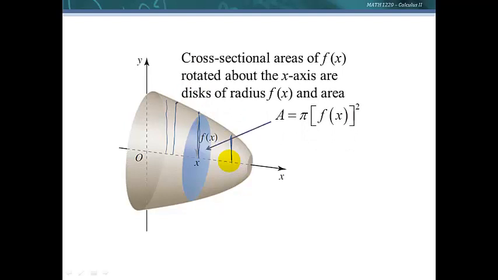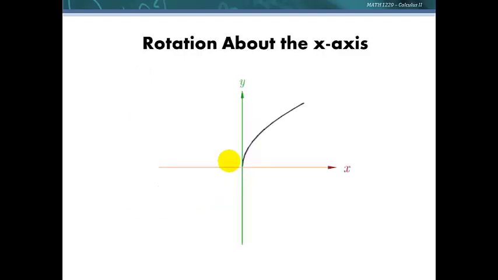Now we can take these with little thicknesses and we can sum all of these up to find the volume. So that's where we're headed as we look at these different solids of revolution. Let's have a look if we took a function and rotated it around the x-axis, and look at what we are generating here so we can get a sense of what we get.